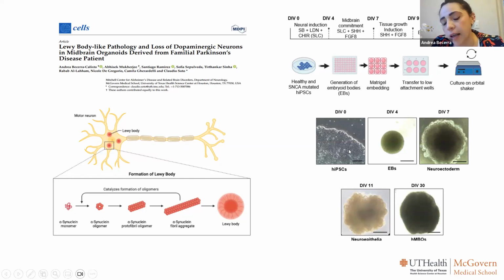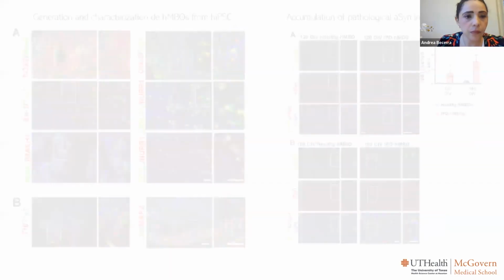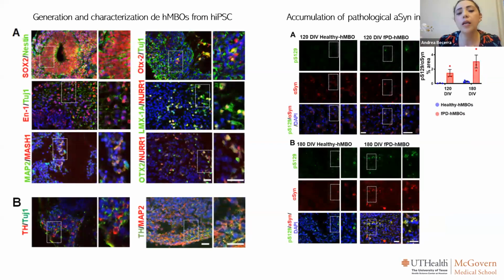You can see here the human iPS cells, the embryoid body, then the differentiation to neuroectoderm, the neuroepithelia, and then midbrain organoids. In this case, we use specific markers to find the neuroepithelia in the beginning, then markers specific for midbrain areas, and finally markers for dopaminergic neurons, which are involved in the pathology of that disease.